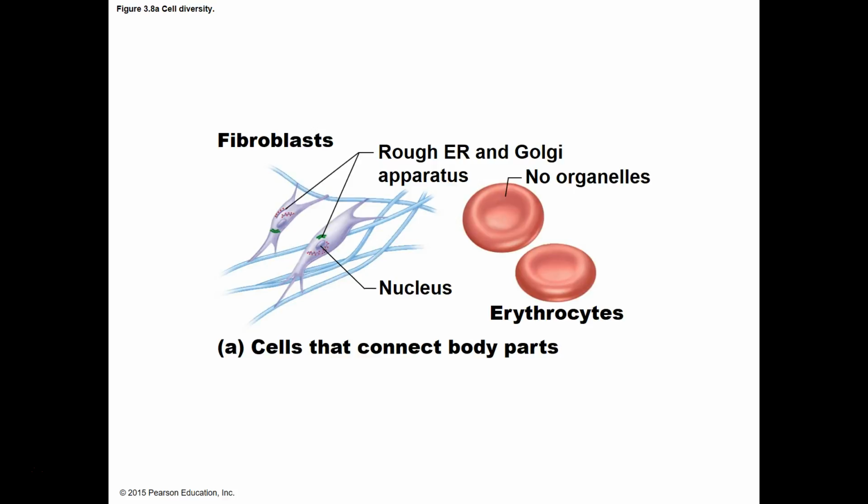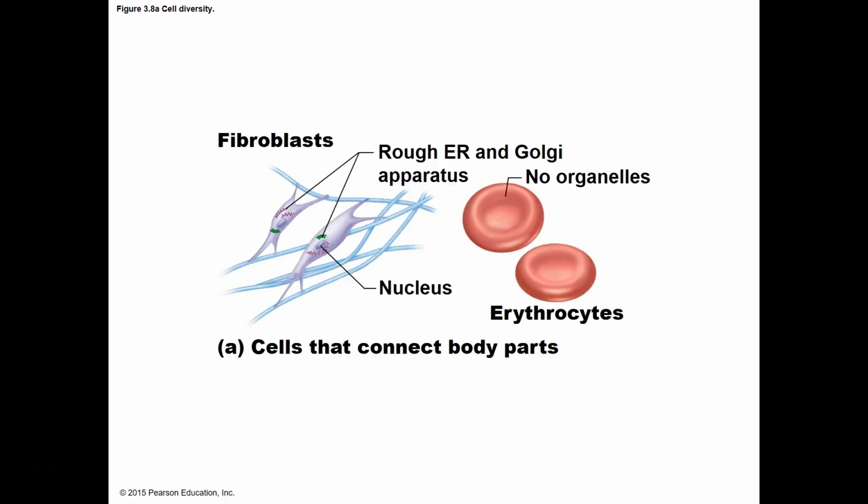But we can see these fibroblasts here on the left, and you can see their purpose. They're actually holding things together. They do have a nucleus and some endoplasmic reticulum, Golgi apparatus, and that kind of stuff. But then we look at the red blood cells on the right, and they have nothing. What's interesting is they do have a very strong, rigid cellular structure internally that helps them hold this disc-like shape.